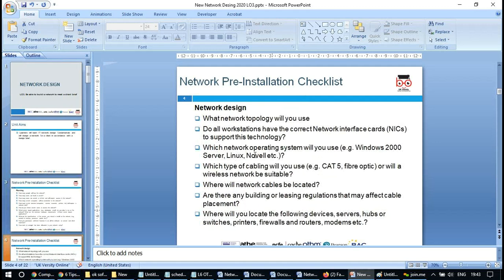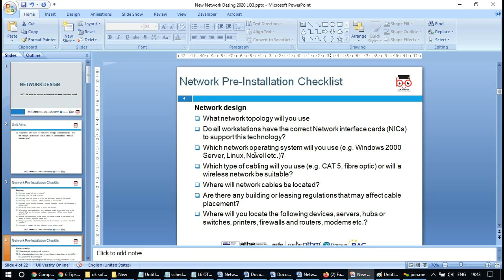Then the design itself, like we did earlier. The design would ask you to select the topology of the network finally, and you will have to check the network interface cards installed in the computers. For example, are they sufficient to support the technology?